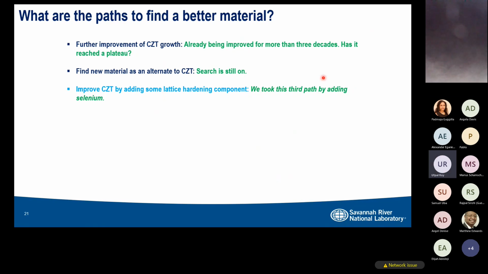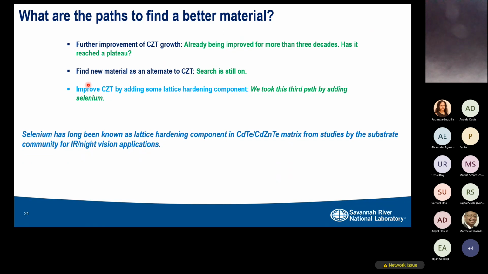So we found that if we add selenium, that serves the purpose. We have seen that if we put a little bit of selenium in cadmium zinc telluride, we can drastically reduce the tellurium inclusions. We can drastically reduce the dislocation walls.